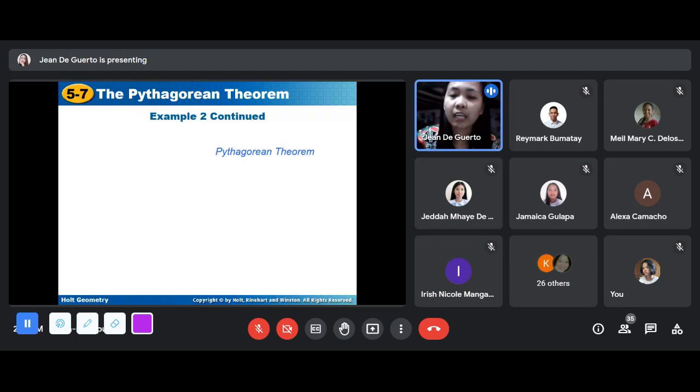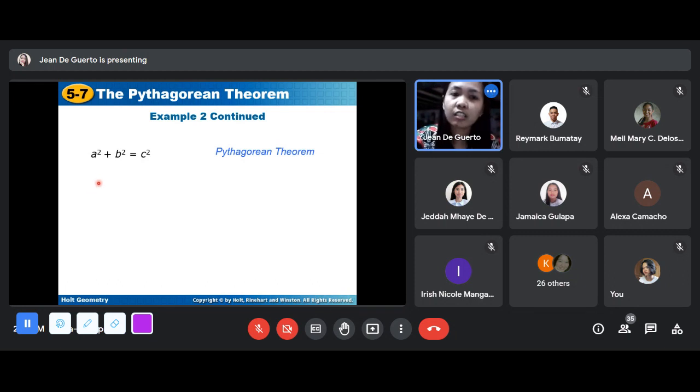Then by applying the Pythagorean theorem, a squared plus b squared is equal to c squared. Yung c squared, yun yung 12, yun yung diagonal natin. Tapos, sabi ko nga, yung shorter leg and longer leg, pwede nyong i-substitute sa A or B. Pwedeng mag-interchange.